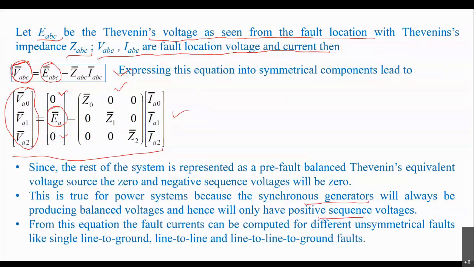From this equation, the fault currents can be computed for different unsymmetrical faults like single line to ground fault, line to line fault, and line to line to ground fault. So from this equation, we can easily find the fault current, which is desired for our analysis.